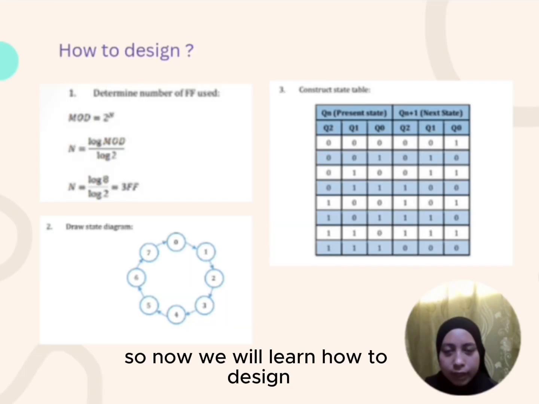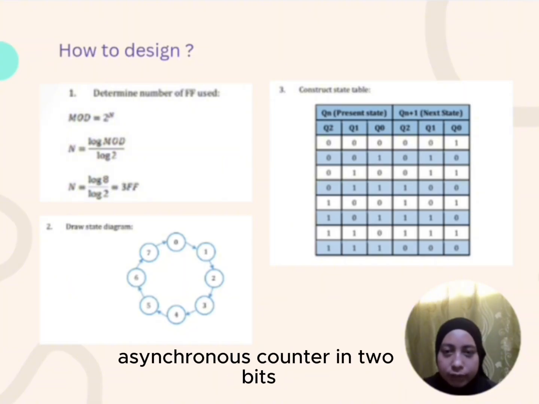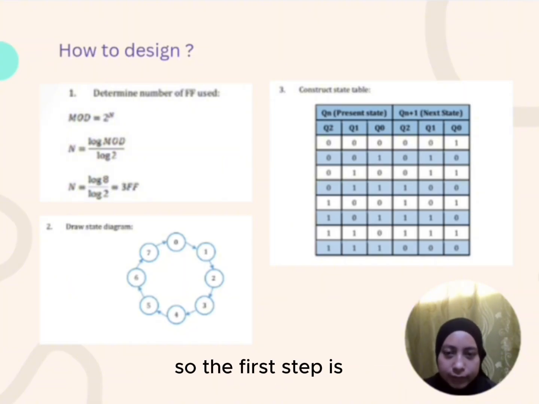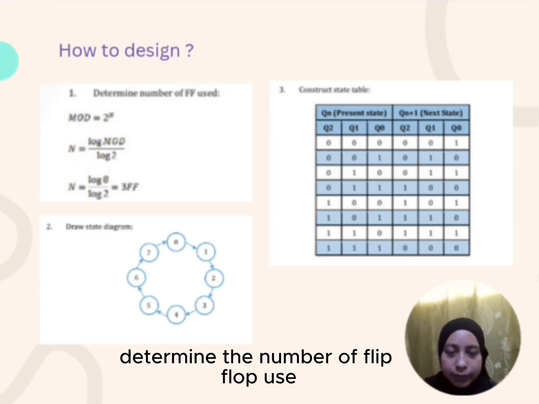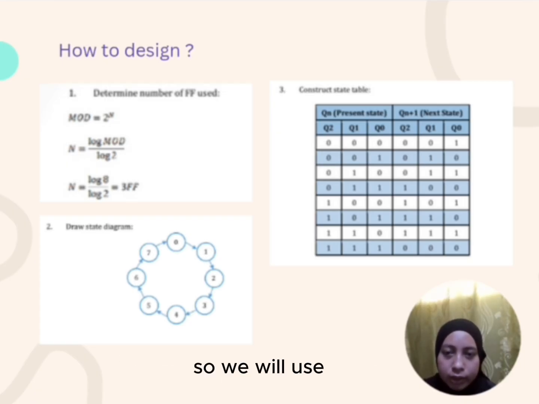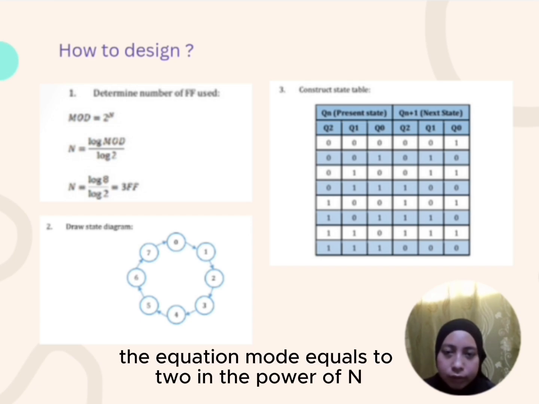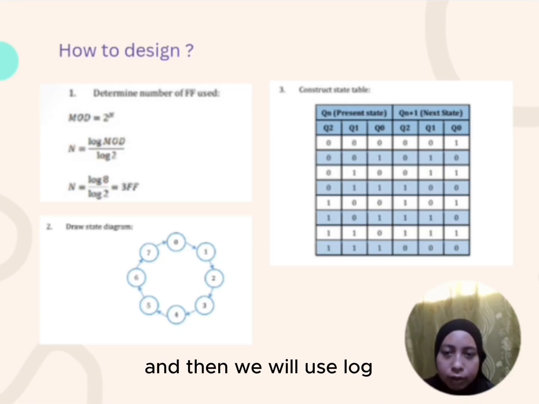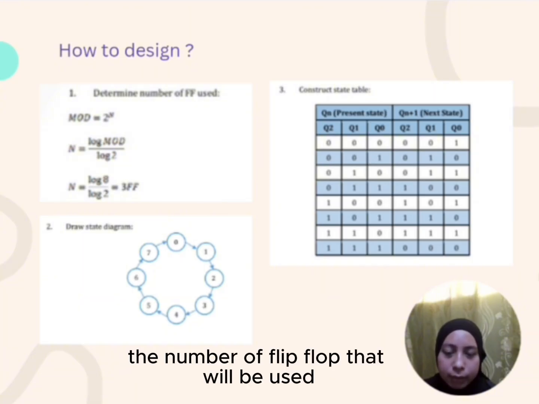So now we will learn how to design asynchronous counter in 2-bit. The first step is determine the number of flip-flops used. We will use the equation mod equals 2 to the power of n, and then we will use log to simplify the equation, and then we will get the number of flip-flops that will be used.